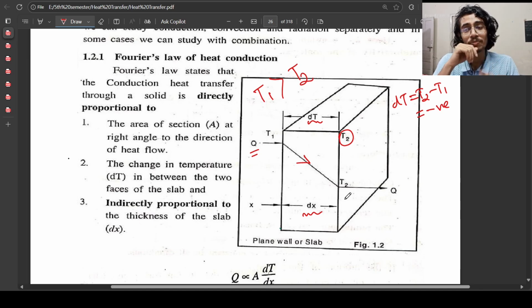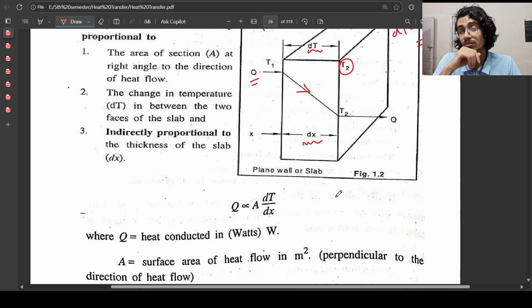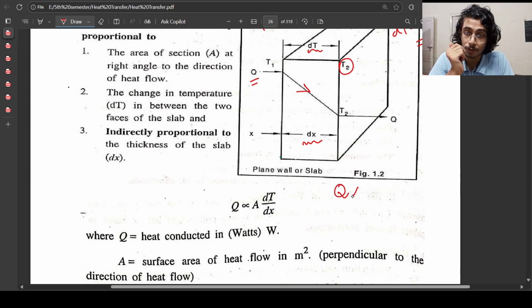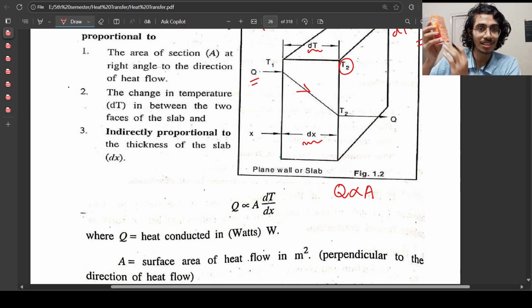Now this Q will depend on two things. Fourier law of heat conduction does not have any generalized derivation. It is based on experimental evidence. Q is proportional to the area, meaning the surface area perpendicular to which this Q is flowing.